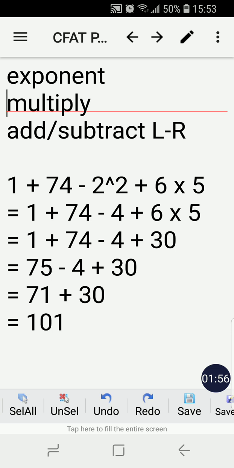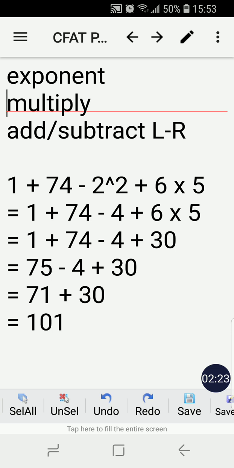The exponent that we see here is 2 to the power of 2. So the rest, we copy everything. So 1 plus 74, we just copied those first 2 numbers, and then we simplify 2 to the power of 2, which is equal to 4, and then copy the rest, plus 6 times 5.